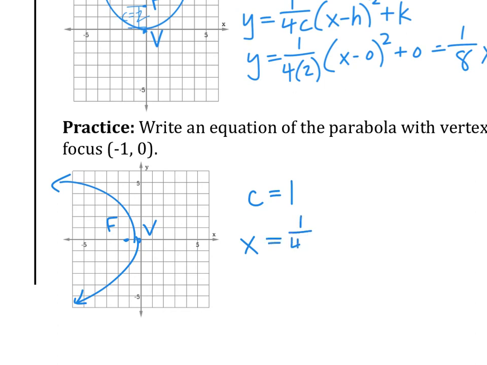Okay, 1 over 4c times y minus k squared plus h. Okay, one last thing to be careful on. Which direction is this pointing? Left. So is it a positive or a negative parabola? Negative. Okay, so please be careful on that. Okay, so x is equal to -1/4 y squared.